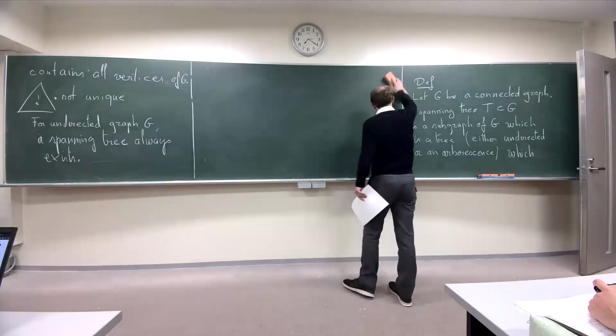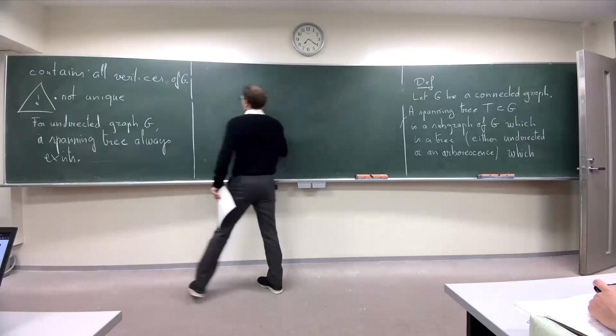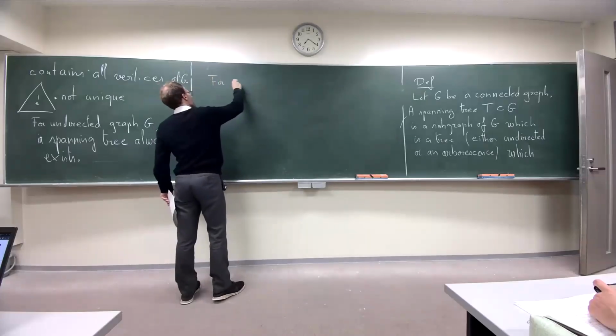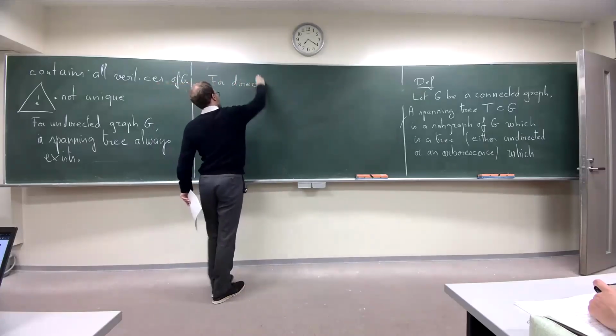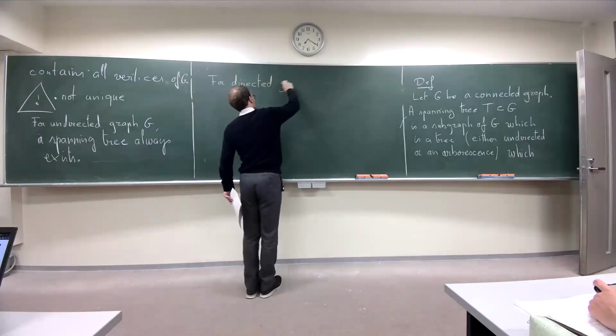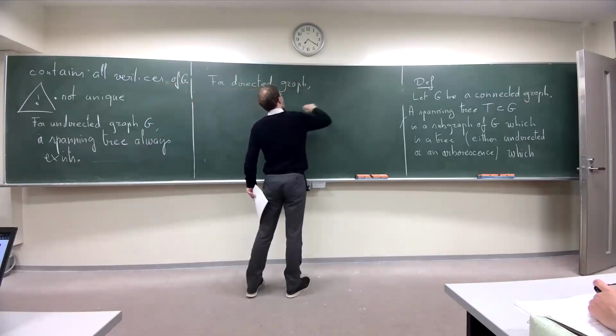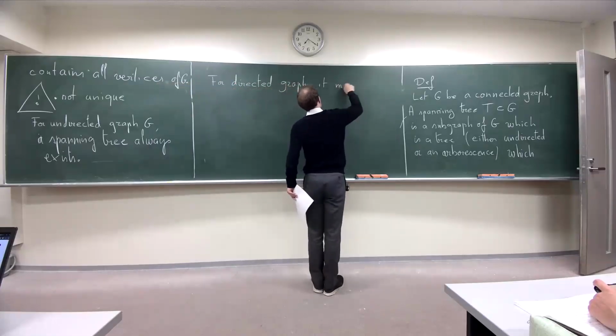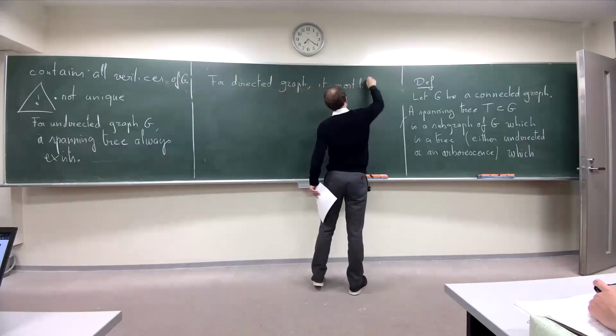Now for directed tree, or for when you have an orientation, for directed graph, it most likely does not exist.